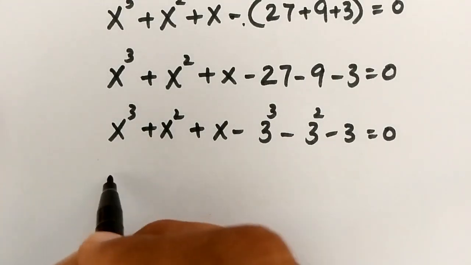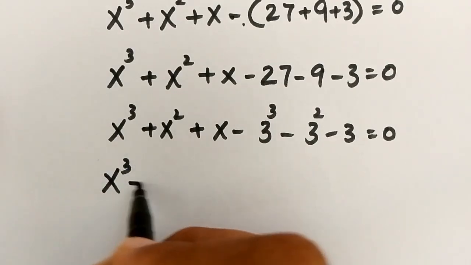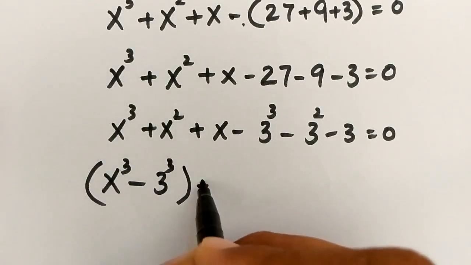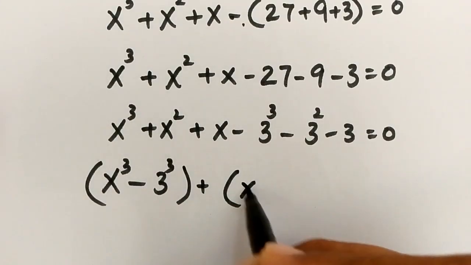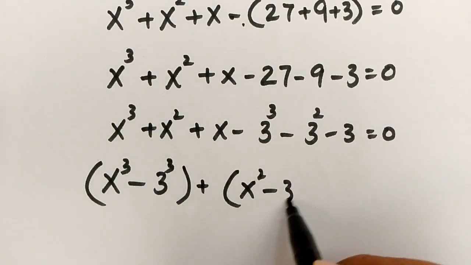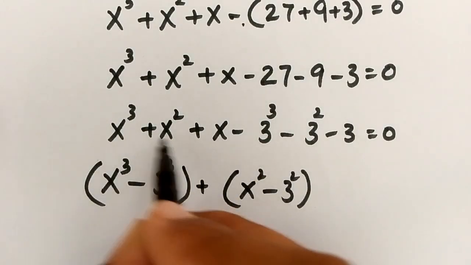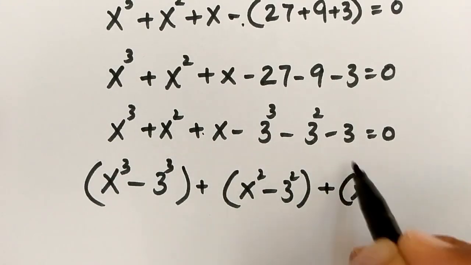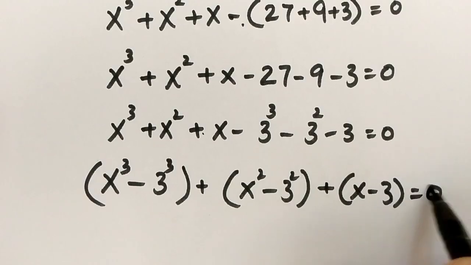So this will become x to the power of 3 minus 3 to the power of 3, plus x square minus 3 square, and plus x minus 3, which is equal to 0.